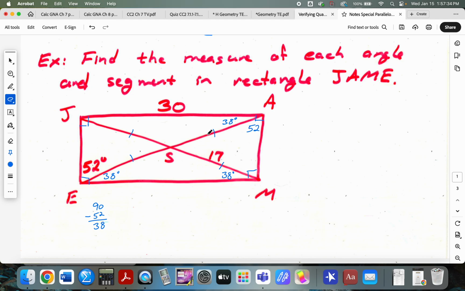And then, well, triangle SAM is an isosceles triangle, where AM is the base. So this angle's 52. And either you can keep doing that or you can do alternate interior angles to find the lower angle at J is 52 over here and the upper one is 38.